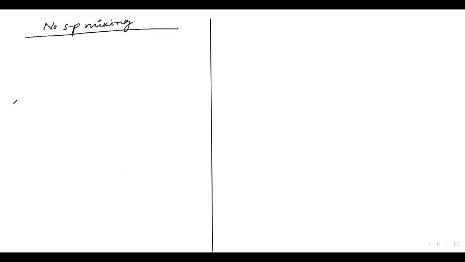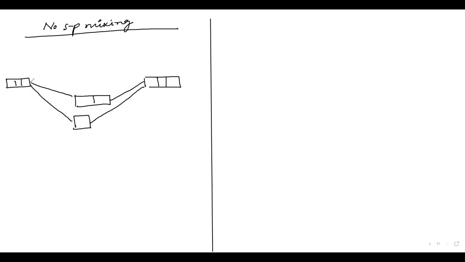Then how will the molecular orbital look? I'm just writing for 2pz, 2p and 2s. First we will make pi. Then pure vanilla, no mixing took place.